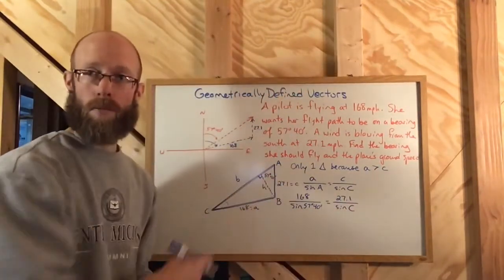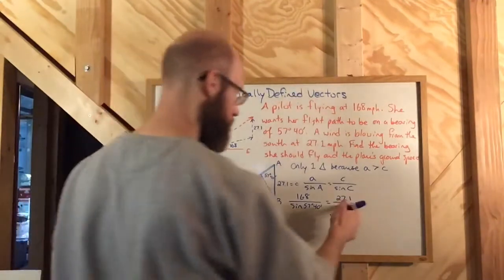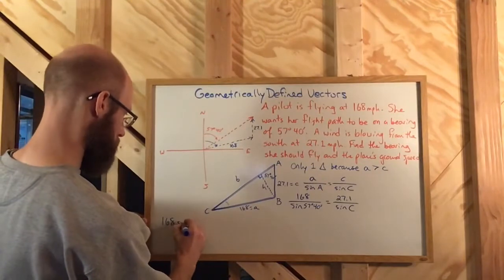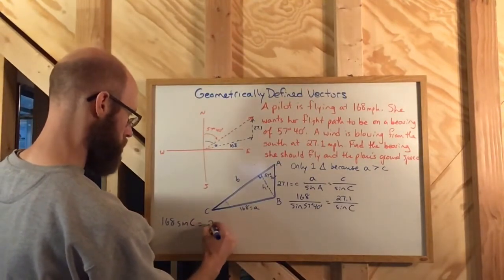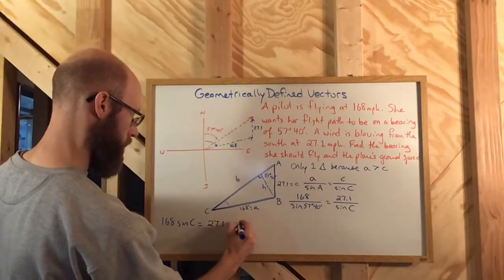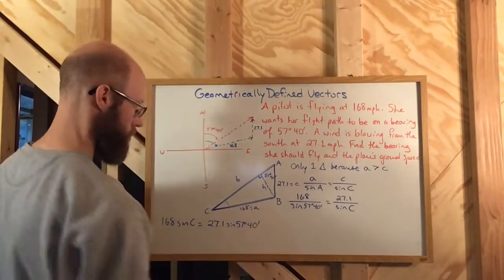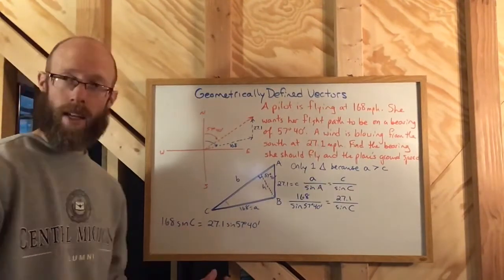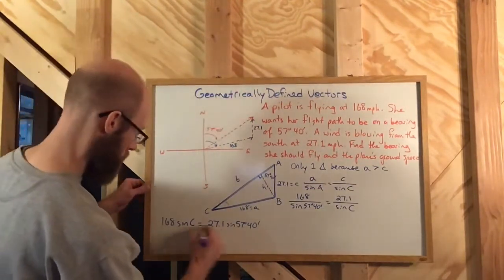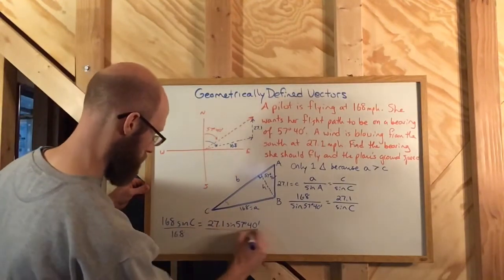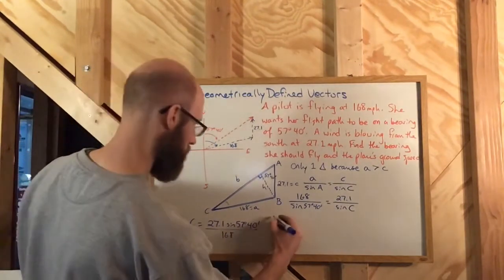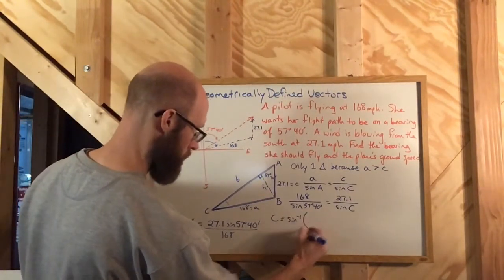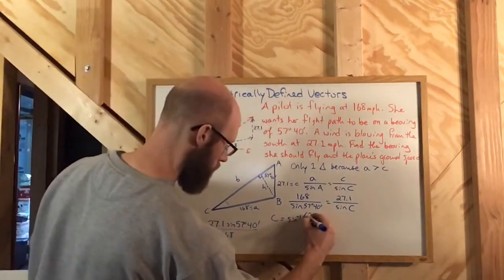So now I do my cross multiplying and try to solve for big C. So I get 168 times the sine of C equals 27.1 times the sine of 57 degrees 40 minutes. If I divide out the 168 and then apply the inverse sine, you guys have seen me do this a lot, so I'm going to run through that kind of quickly. I know angle C then is going to be the inverse sine of that fraction right there.